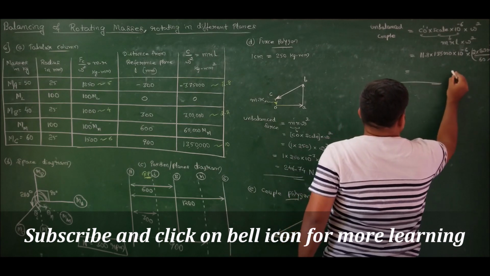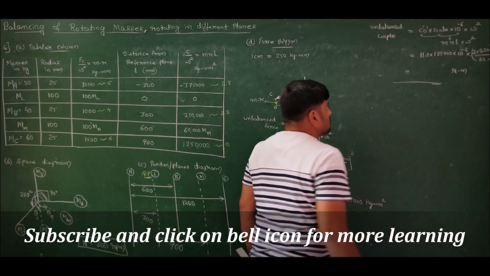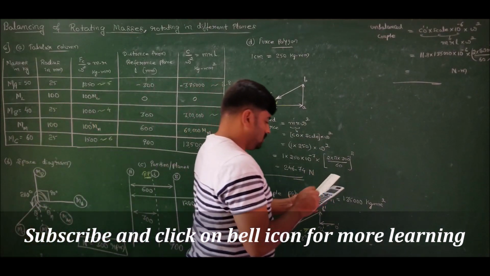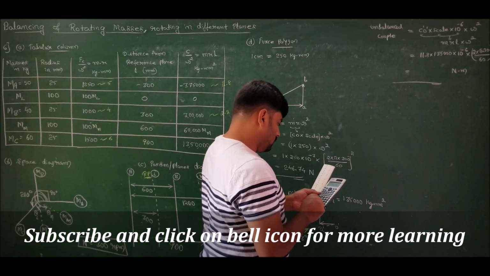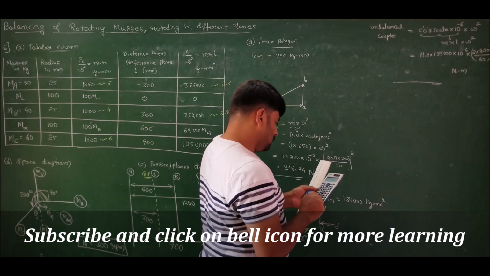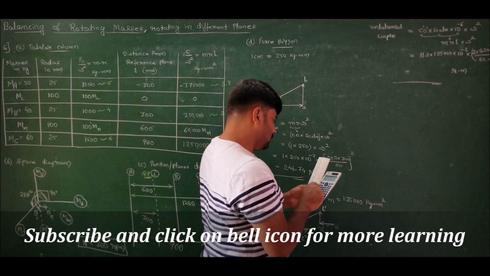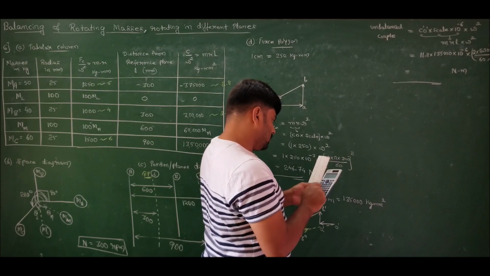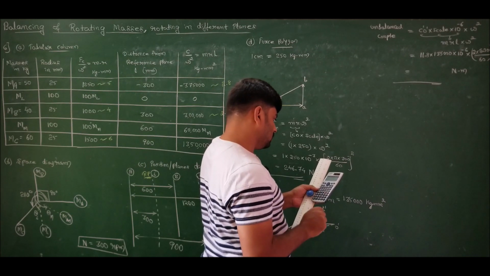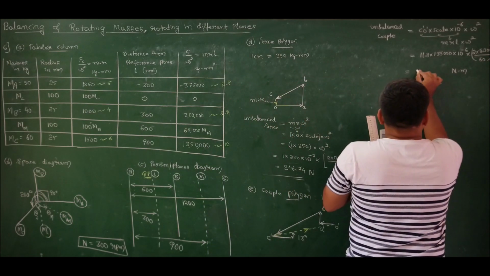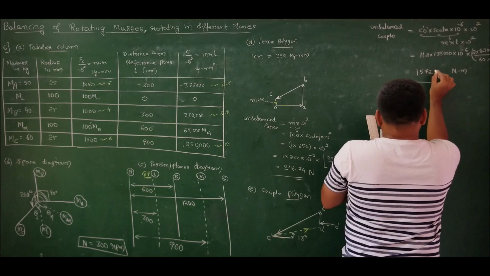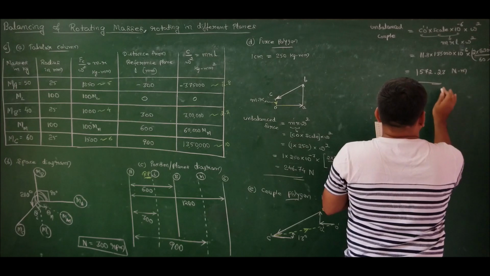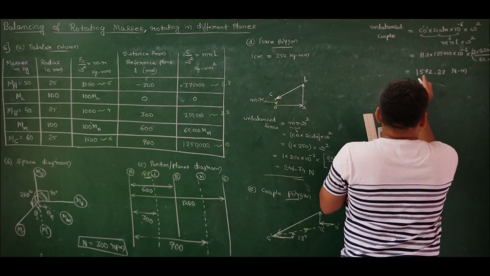Therefore the unbalanced couple in Newton meters turns out to be 11.8 into 135,000 into 10 to the power of minus 6 into 2 pi into 300 by 60 whole square, which is 1572.23 Newton meters.